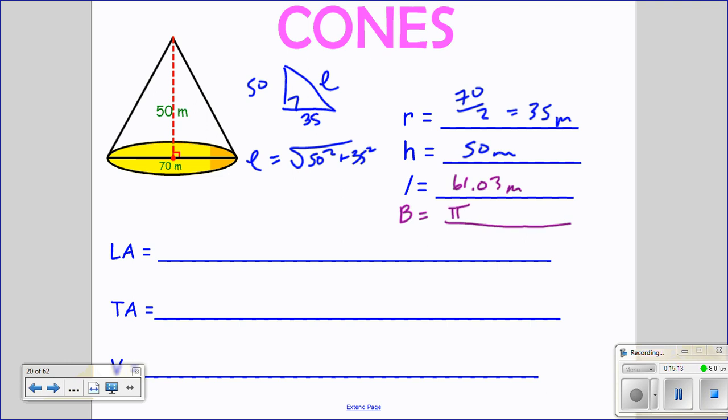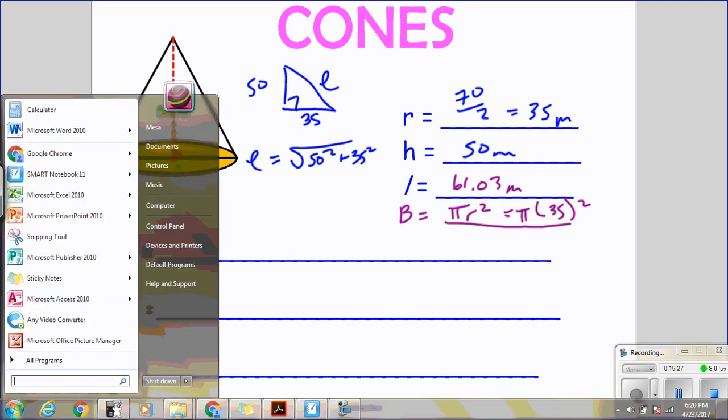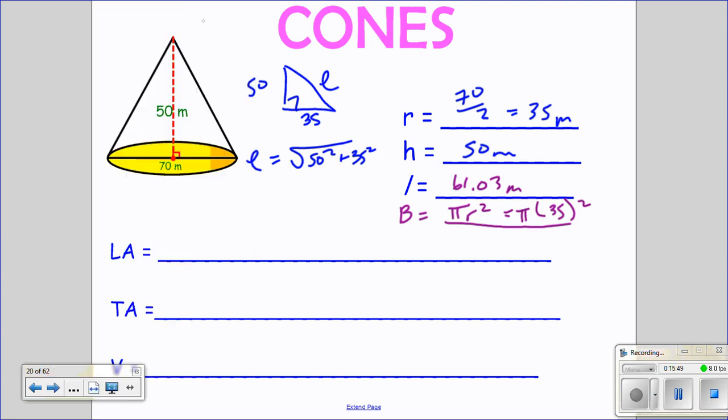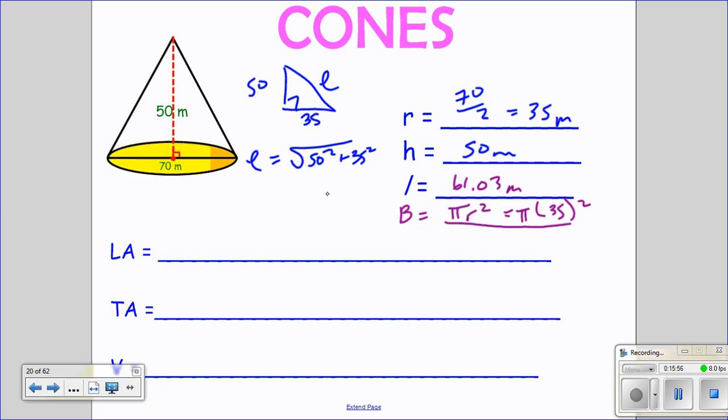Let's go ahead and add our base area so we're prepared for this one already. Again, the base area is found by taking pi times radius squared. And it's roughly 3848.45 meters squared.